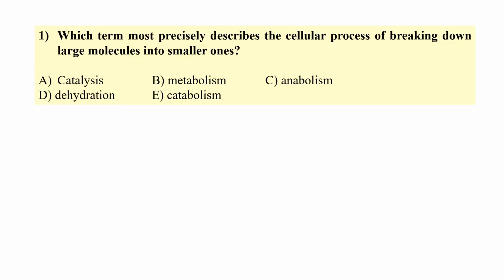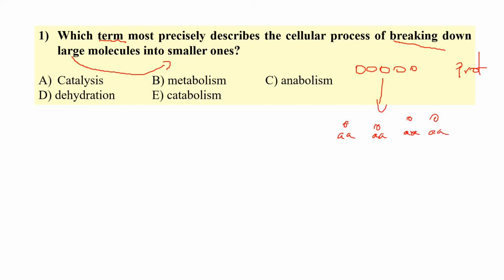So this question is very similar to a previous one. Here they are asking you for the term that describes the cellular process of breaking down large molecules into small molecules. And I gave you the example that a large molecule could be a protein, and here you can have amino acids. So you're breaking this large molecule into a small one. Catalysis is the acceleration of a chemical reaction using a catalyst, so this is not the answer.